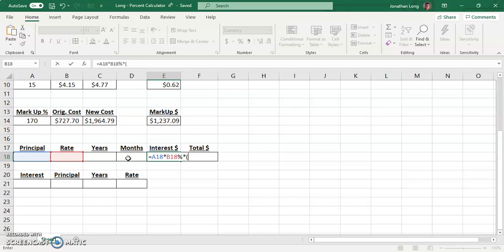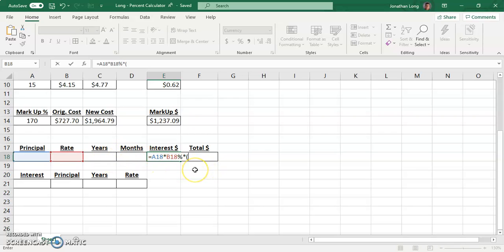And here's why. If you get an interest problem that deals with years, there won't be a month's number. So it'd be like adding nothing. So it'll just be the years amount. Likewise, if you have a problem that deals with how many months it's been in the bank, it won't be years. So we can add those. Years would be 0, and it's like adding nothing.